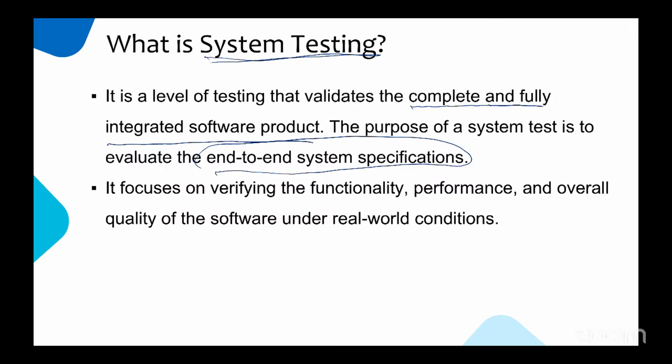Like that, end to end, whatever is related to the system. See, that is very important. It focuses on verifying the functionality and, very importantly, the performance and overall quality of the software under real-world conditions. So we are going to see it in depth, then you will get better clarity on system testing.